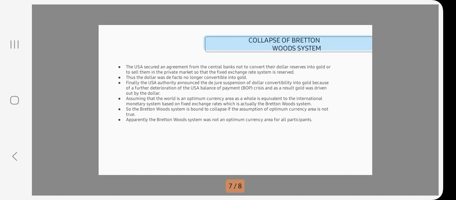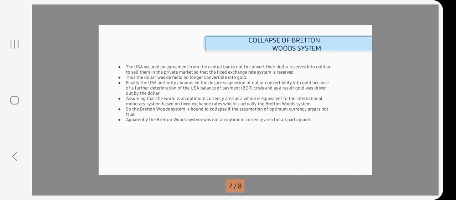The USA secured an agreement from the central banks not to convert their dollar reserves into gold or to sell them in the private market so that the fixed exchange rate system is preserved. Thus, the dollar was de facto no longer convertible into gold.